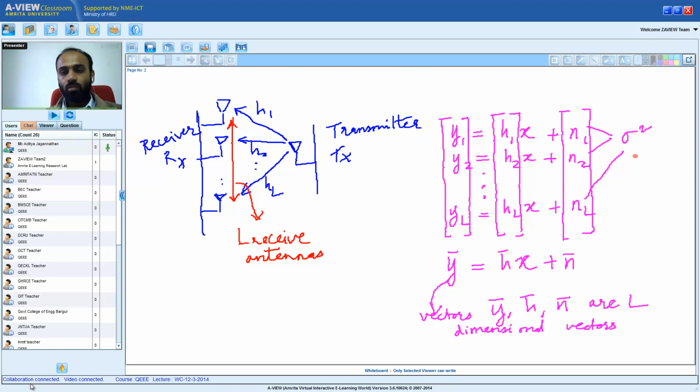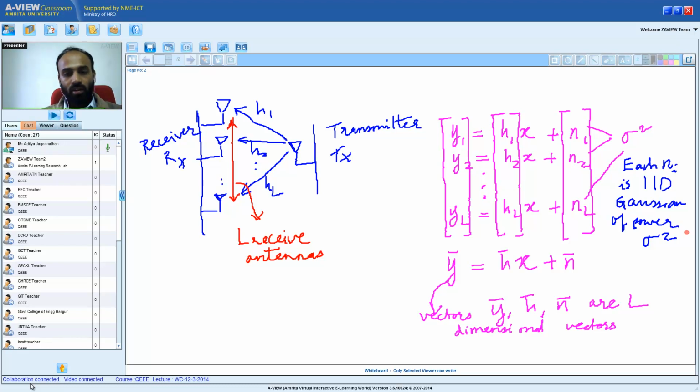That is, the noise is Gaussian and each noise component Ni is IID, independent identically distributed Gaussian of power sigma square. That is the noise power.